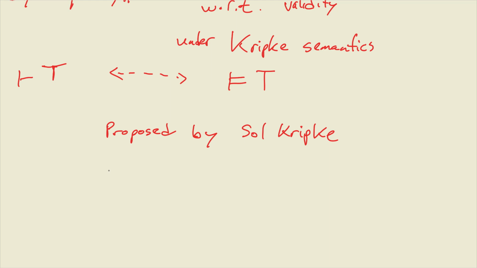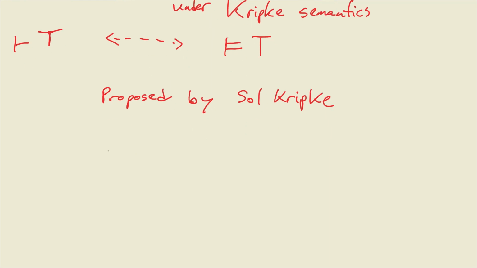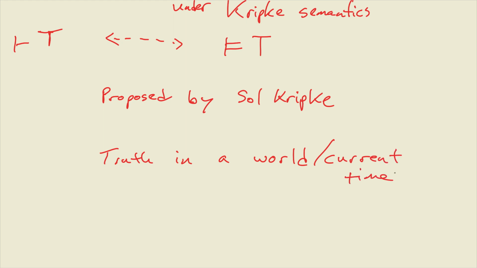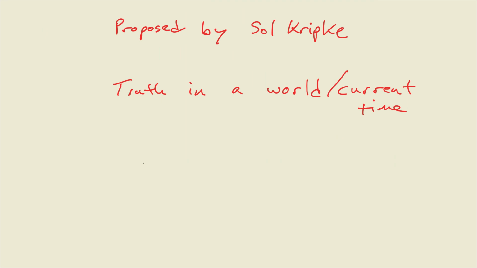And the basic idea of the semantics is that we're thinking of truth in a world, or sort of like a snapshot of time, or a possible world, or there are different analogies that make sense. And we think about that truth can evolve in a certain way.